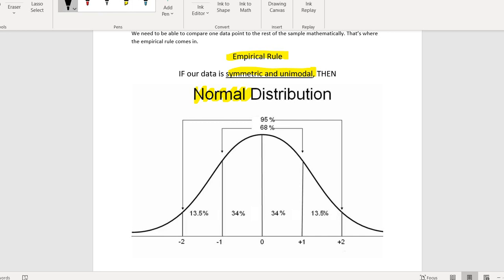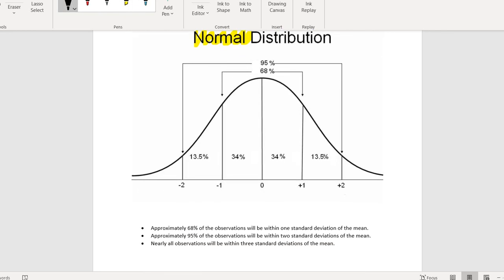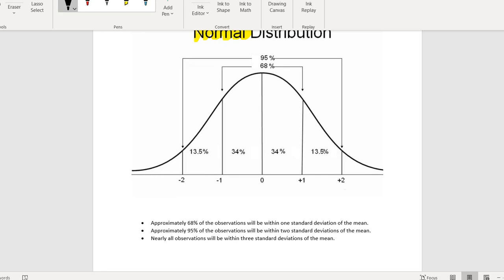So, if our data is normal and has an average and standard deviation, what we can say is that most of our data is going to fall around the average. Some of our data is going to be a little bit more than average, so plus or minus 1 standard deviation, or a little bit below average.